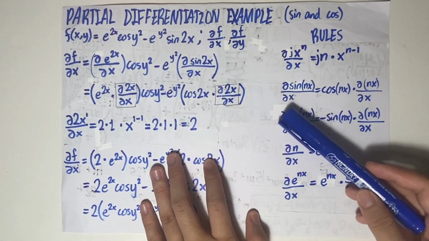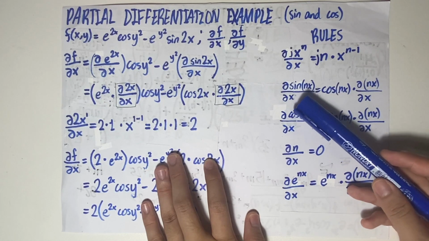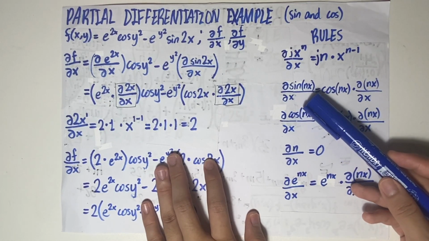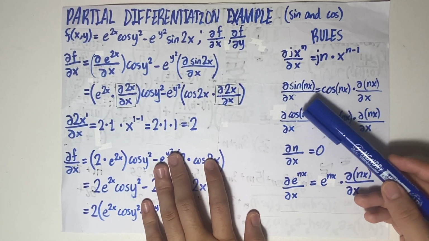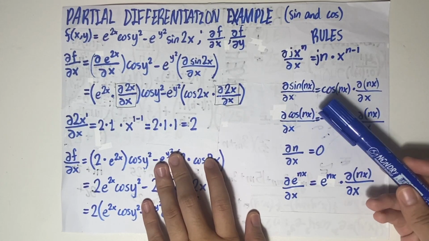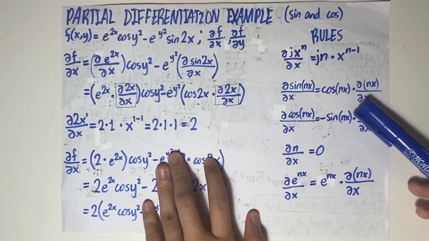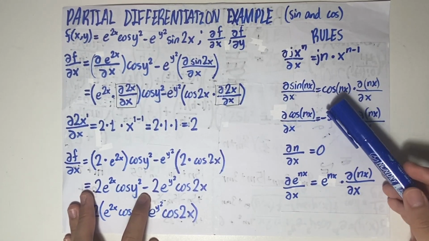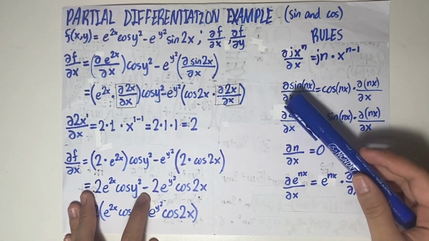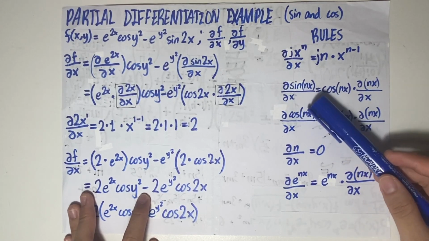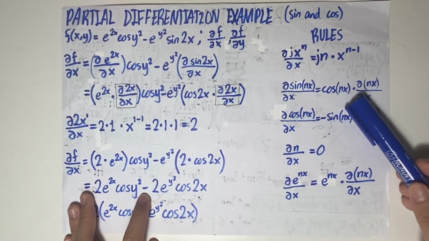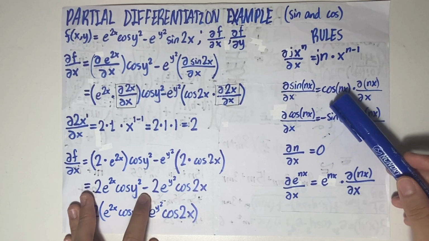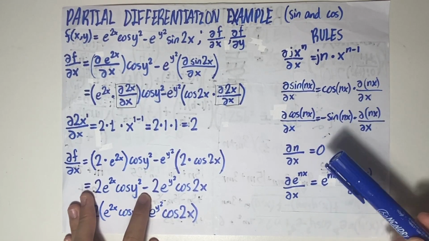Here we have the derivative of sine nx, and that is equal to cosine nx times the derivative of nx. This is a rule that you would need to be able to remember, where n is any real number.